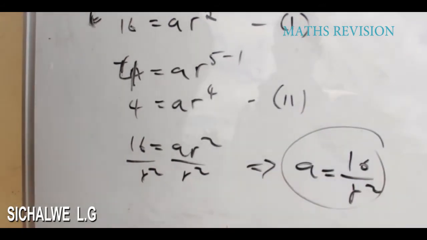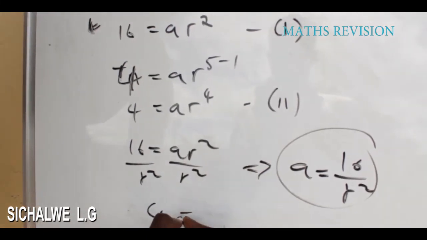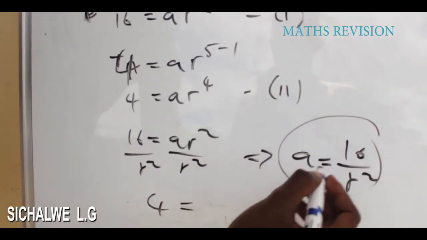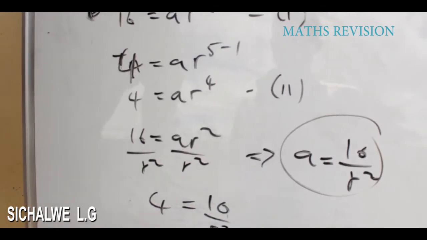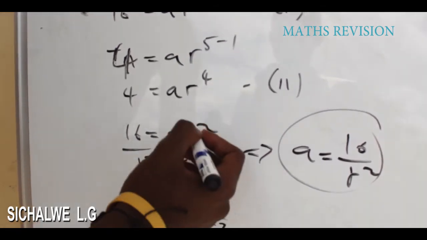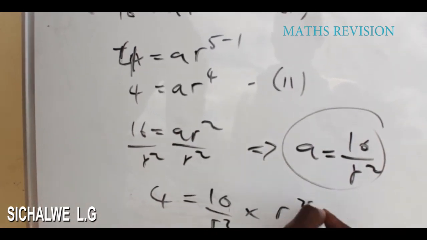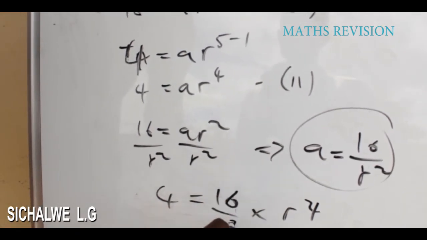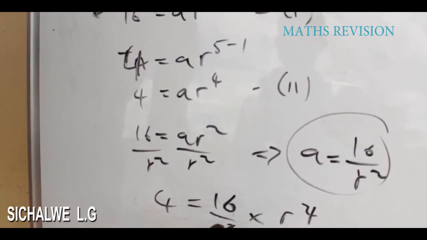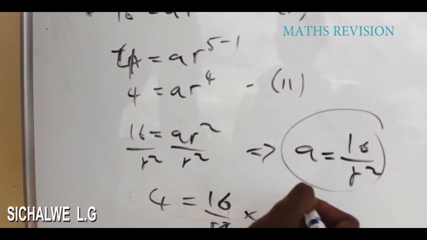We'll substitute this into the second equation. So 4 is equal to, wherever there's A, we substitute 16 over r squared, times r to the power 4. The r squared cancels, and this one will remain to the power 2.